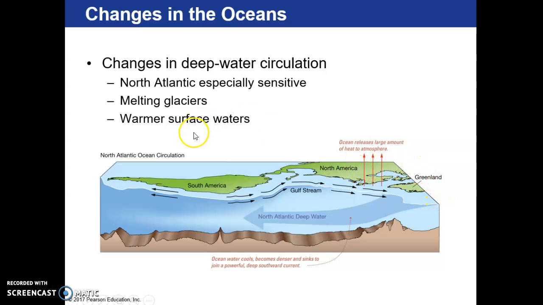So remember that warmth and salt content are the two main factors that impact that conveyor belt. So if we're warming the water, we're making it less dense. And if we're adding fresh water to it, we're making it less saline, which is also making it less dense. So we're kind of getting double whammied up here by lessening both factors.